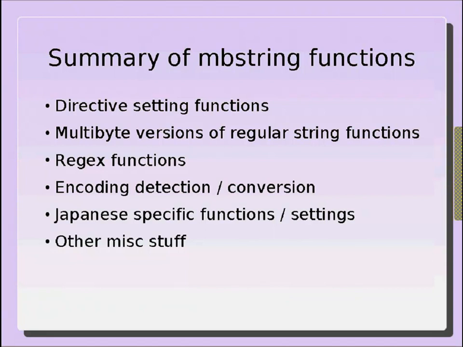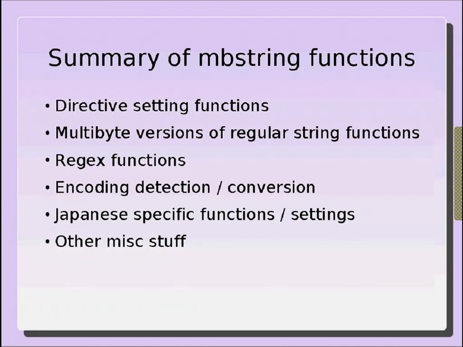We saw the multibyte versions of regular string functions, the string position and the string length, and there are lots of those, and you can overload them as well, like we talked about. And then regular expression functions, which we've just looked at. Encoding, detection, and conversion.